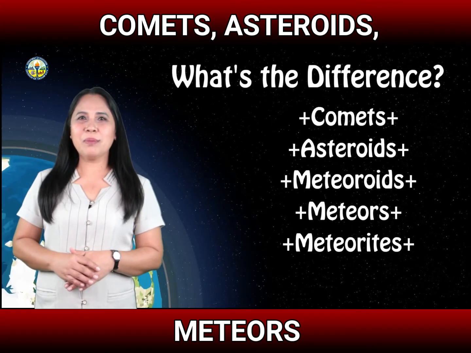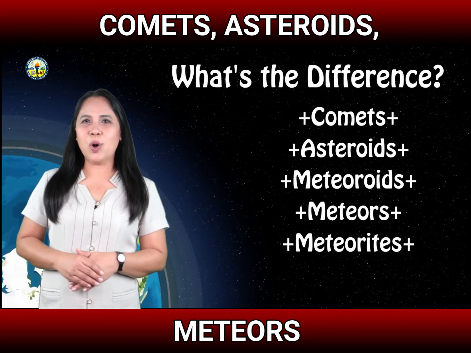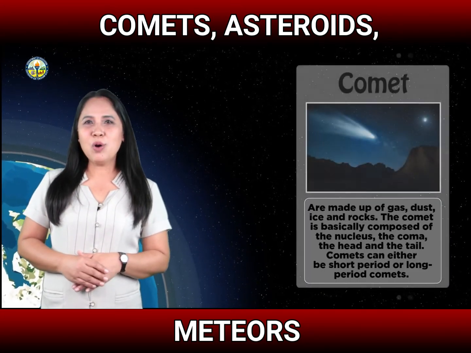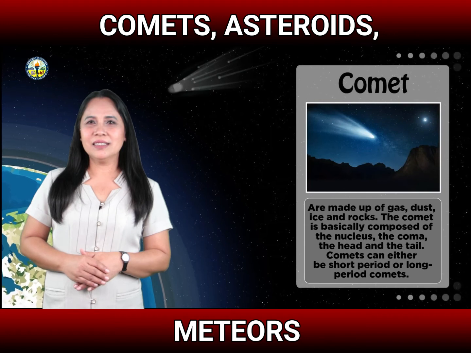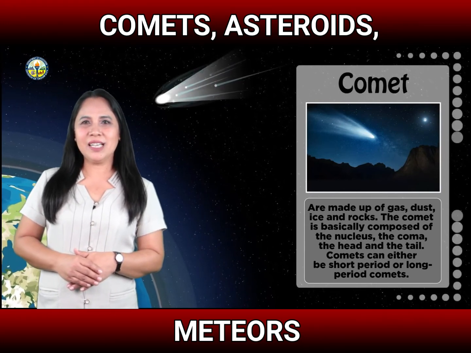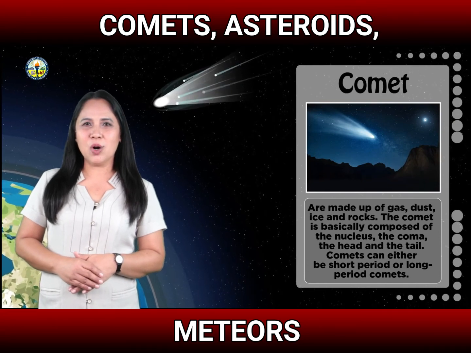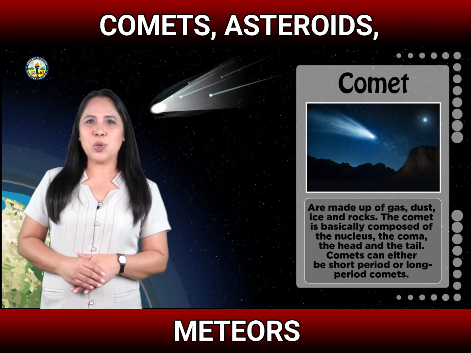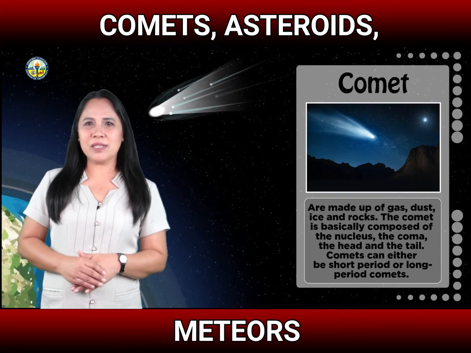To understand more about our lesson, let's recall what we have learned today, shall we? Comets are made up of gas, dust, ice, and rocks. The comet is basically composed of the nucleus, the coma, the head, and the tail. Comets can either be short-period or long-period comets.